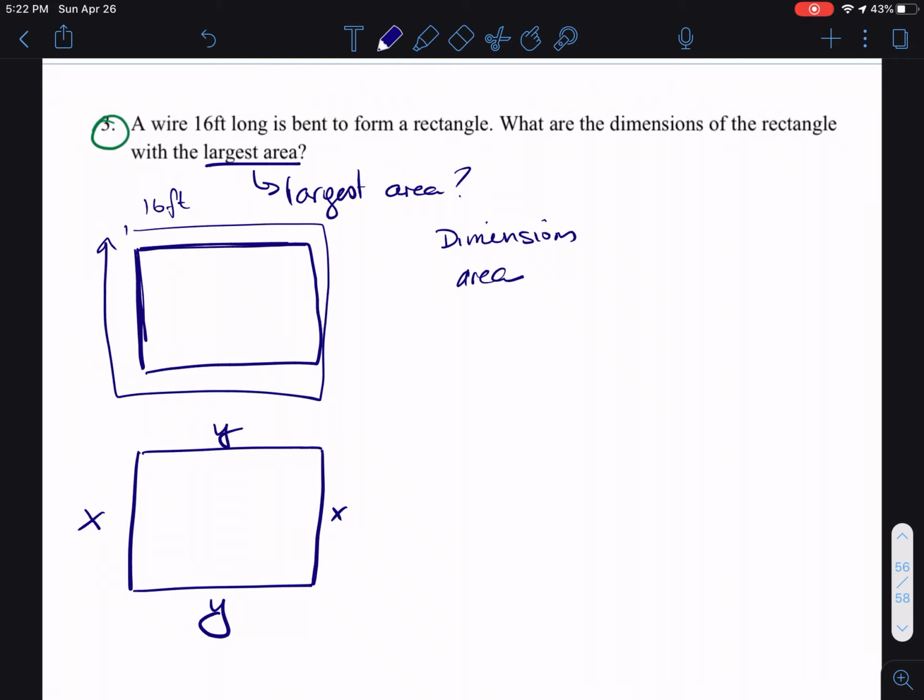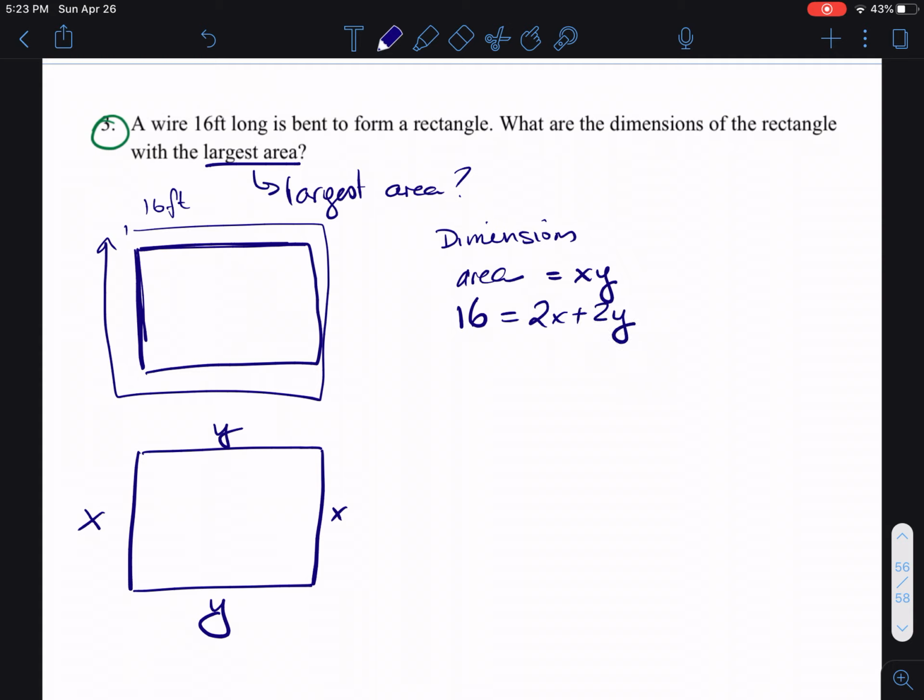Now, if that's the case, what can we say about the area? Can we say that it's xy? Right, because we know what the area of a rectangle is. And we also know that when we add everything up, we're going to have 16, because that's the total value of the wire.